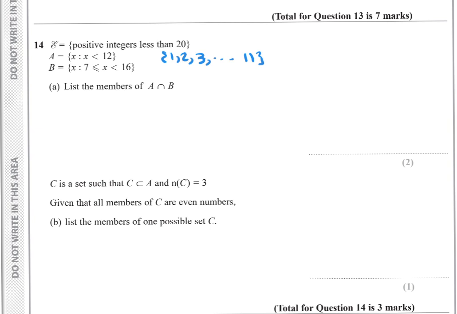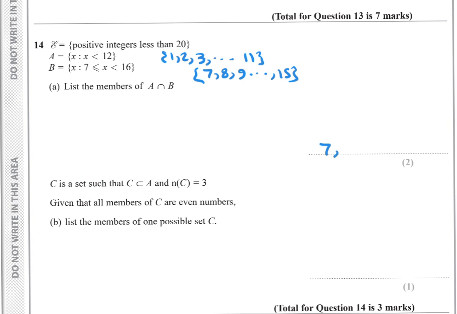B is the numbers more than or equal to 7 and less than 16 and included in the universal set. So 7, 8, 9 till 15. Now A intersect B, start from 7, the common elements between A and B, from 7 till 11.